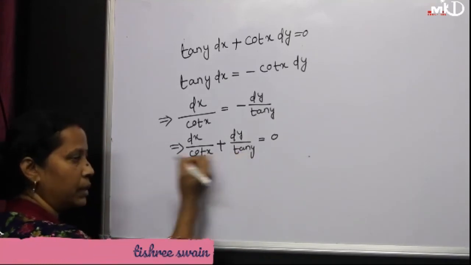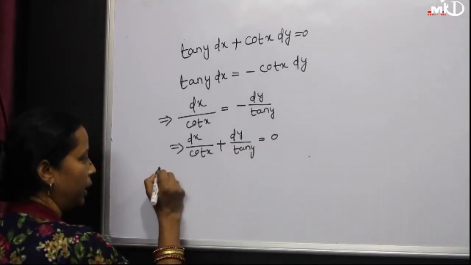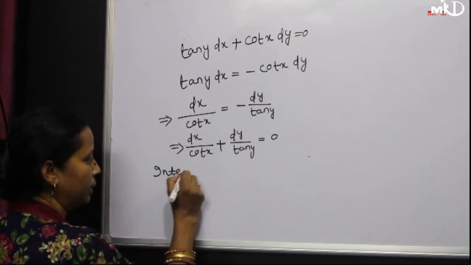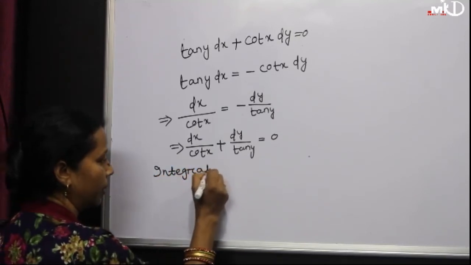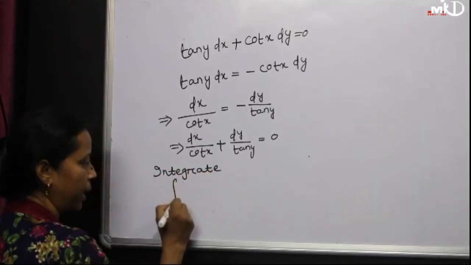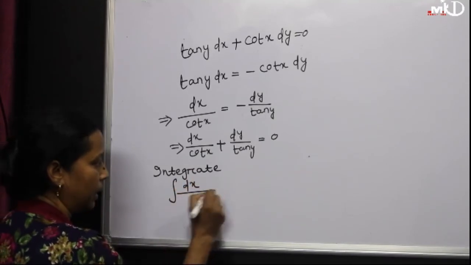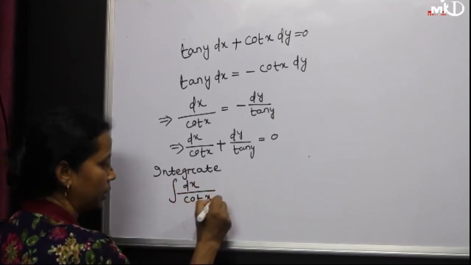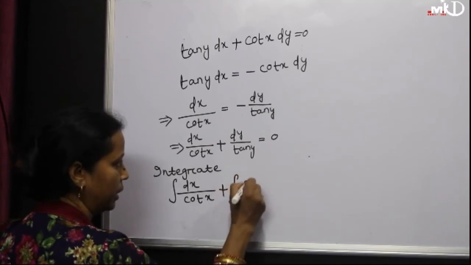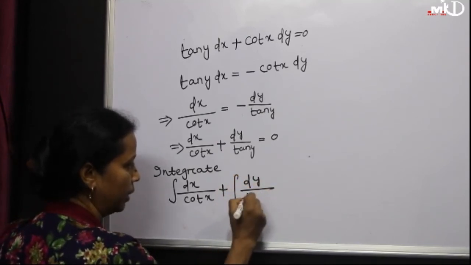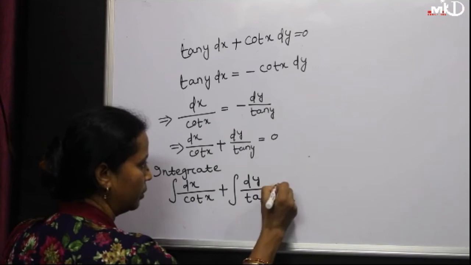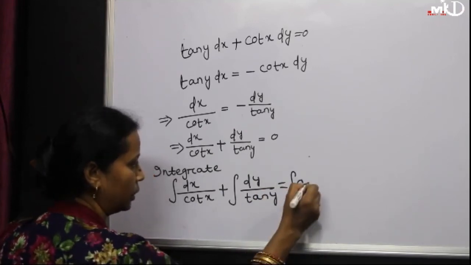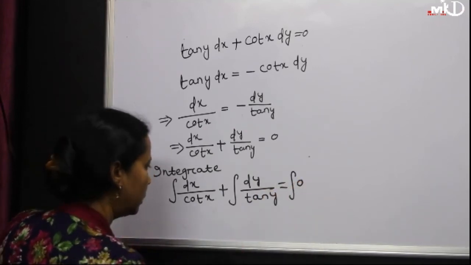Now already we separate the variables, so integrate, simply integrate, then we find integration of dx by cot x plus integration of dy by tan y is equal to integration of 0 with respect to dx.